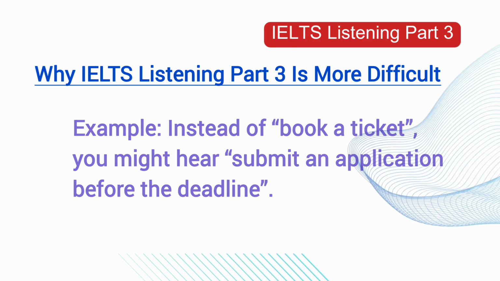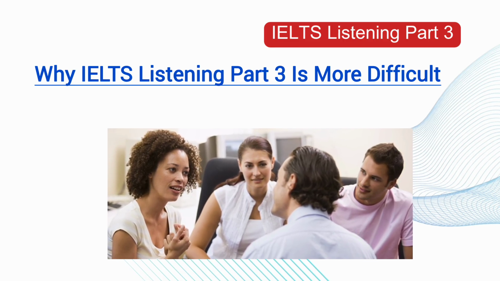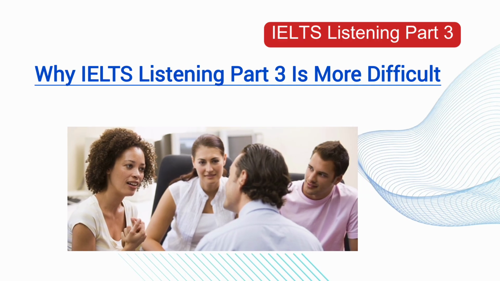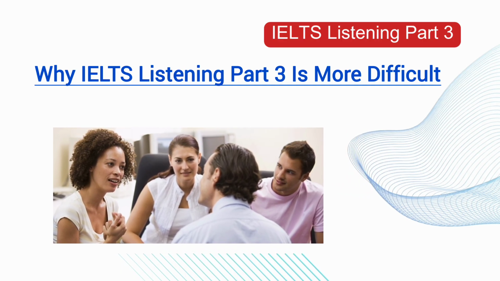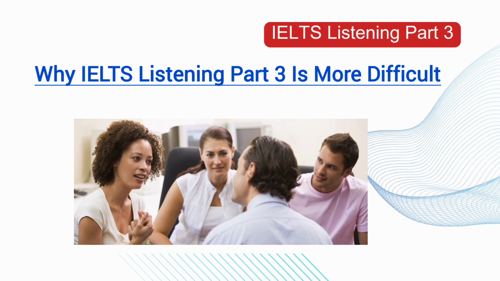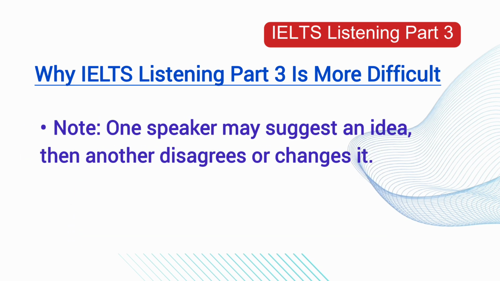It involves multiple speakers, unlike part 1 and 2. Part 3 often has 2 to 4 speakers. You will need to track who is speaking, what each opinion is, and how they interact. One speaker may suggest an idea, then another disagrees or changes it.